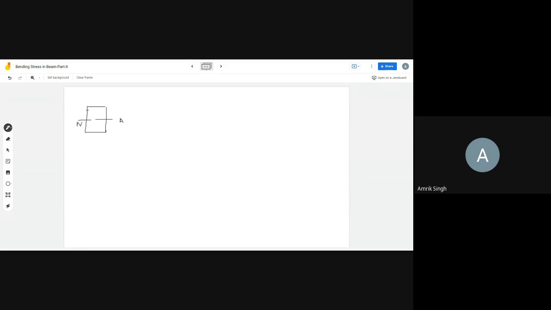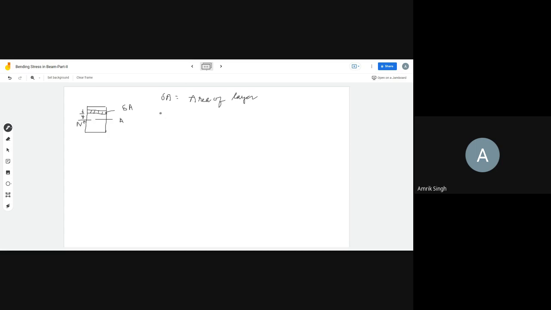And we consider a layer, this is a layer which is having an area as delta A, okay, and it is located at a distance y from here. So delta A is the area of the layer.